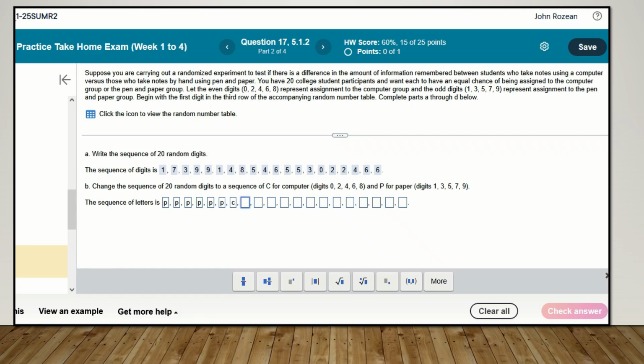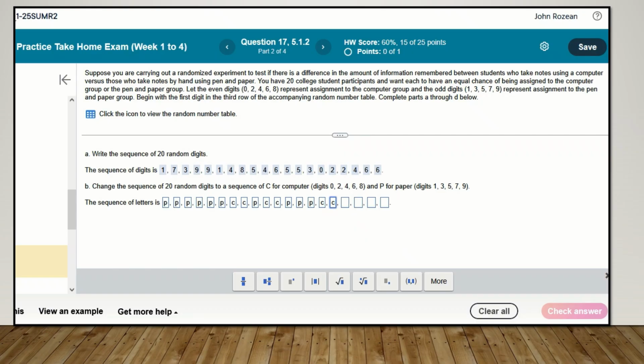Then we got another even. Then we go to odd with the 5. Then we got another even with the 4, even with the 6, odd with the 5, odd with the 5, odd with the 3. 0 is even, because it'll divide by 2, so 0 is even.